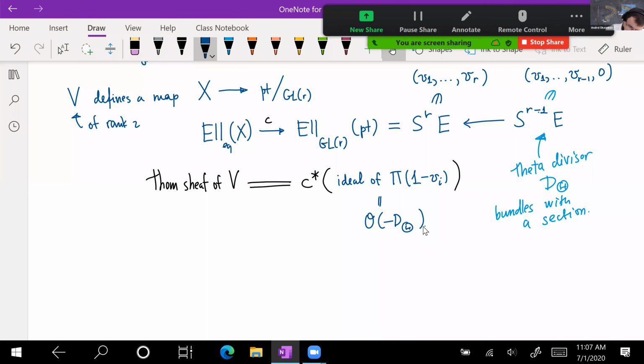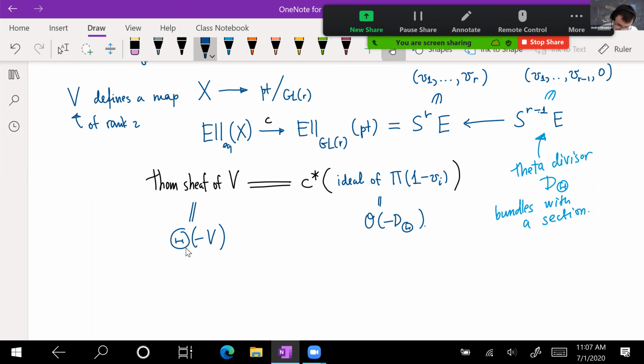divisor. So by definition, if we pull back the theta divisor, we denote it theta of minus e. Since when we pull back, minus divisor means the functions that vanish, plus divisor means functions that have a pole.